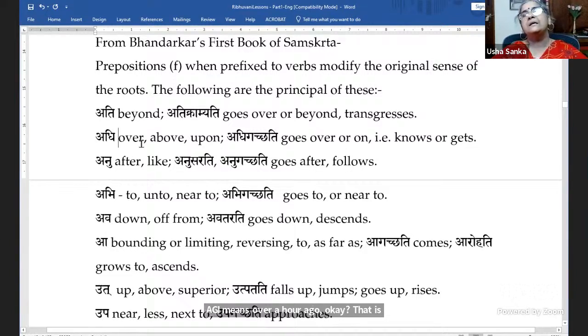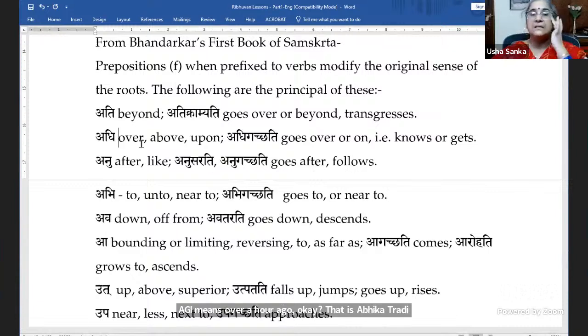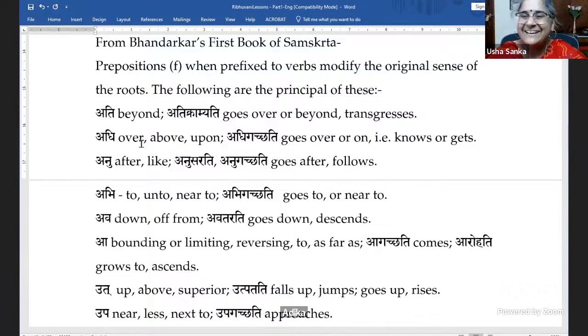Adhi gacchati is actually used in the sense of, in English, what do you use? Like, I got you. I got your meaning. What is the word we use?